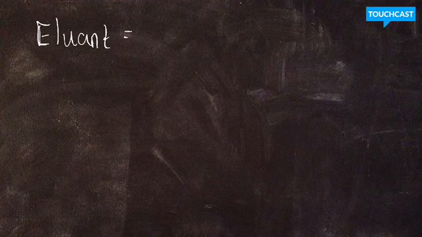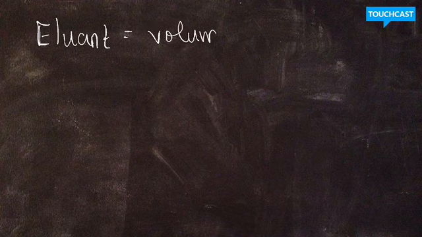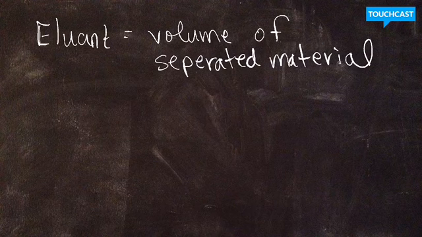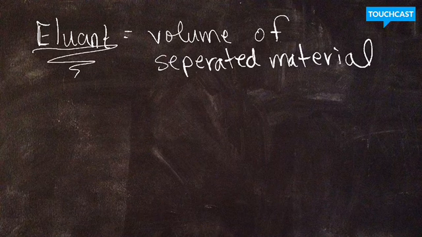This is the stuff that actually comes out the end. This is like a collection of separated materials, if you will. So this is the volume of separated material. As things are separated through the column, you're going to collect that. Those small collections that you separate out are called eluents.